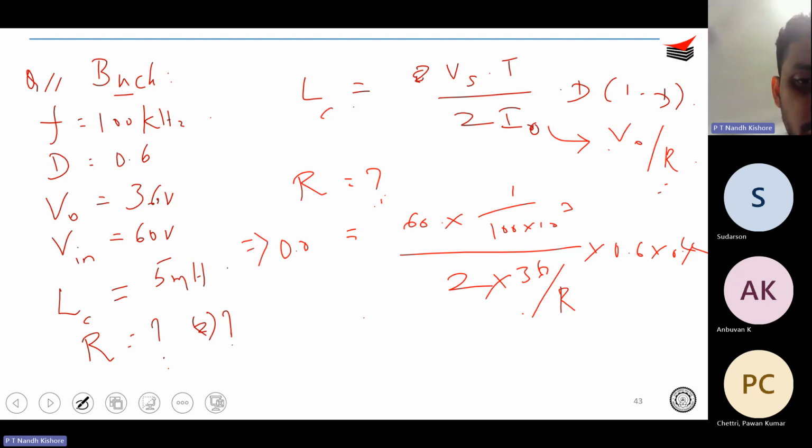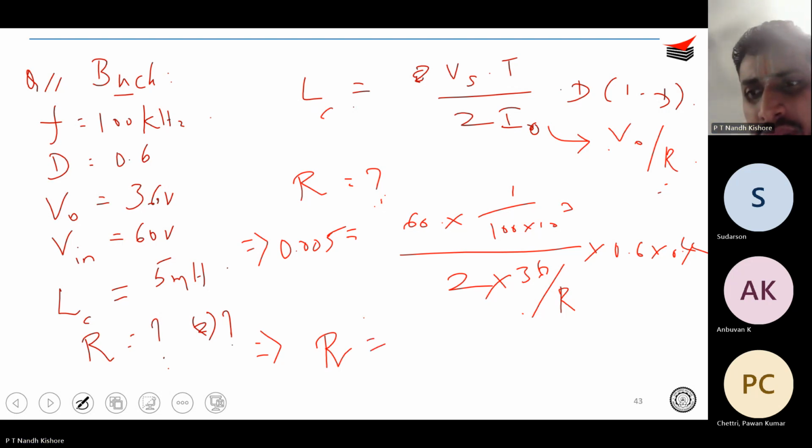LC is 0.005. Okay. So R, what is R? Can anyone tell? Or I will also do. R is 0.005 into 2, 36. So R should be somewhere around 2.5 kilo ohms, or 2500 ohms.